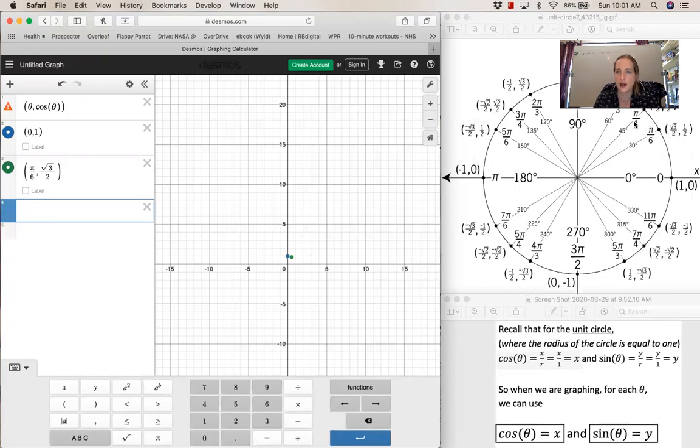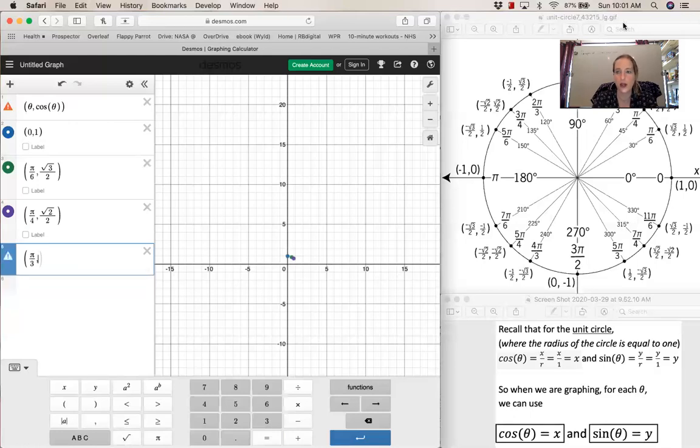Next, our theta value is pi over 4, and at pi over 4, our cosine is equal to this x value, the square root of 2 divided by 2. Moving along, next is pi over 3.